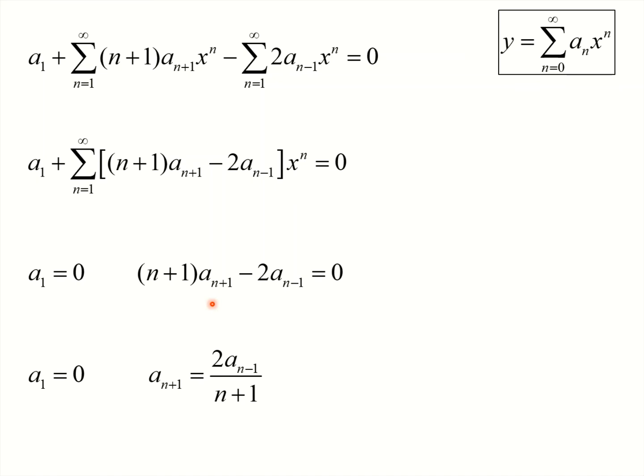And I end up getting a sub n plus 1 equals 2a sub n minus 1 over n plus 1. And so that is what I have. I know this is quite a lengthy process, but just hang in there because we're not done yet.